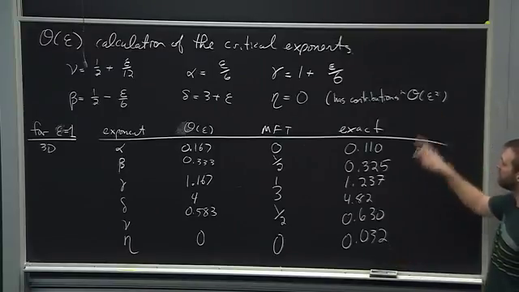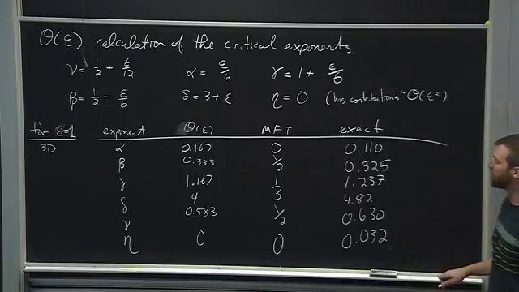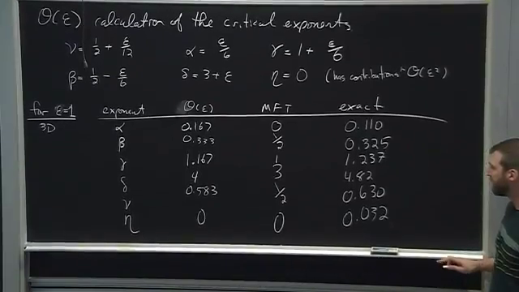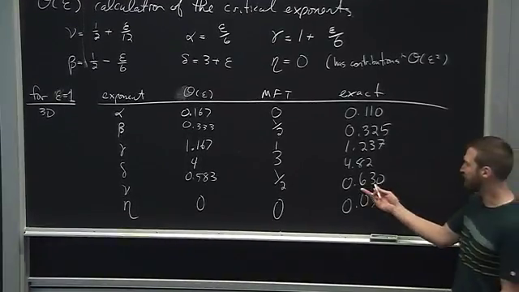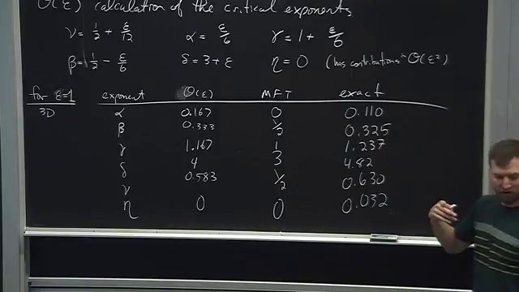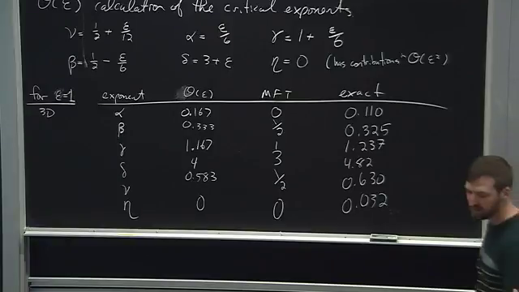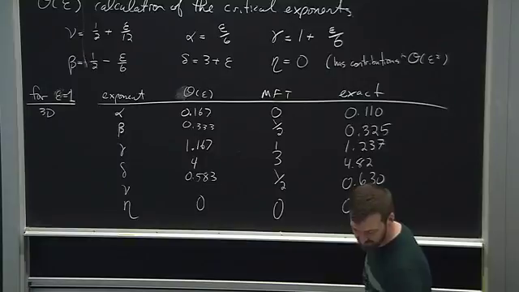Like I said, you need this at least second order in epsilon, but that's the value known for 3D. Otherwise, the accuracy is not great, but it's not terrible. You would imagine going to higher orders in epsilon and doing this calculation to improve the accuracy.